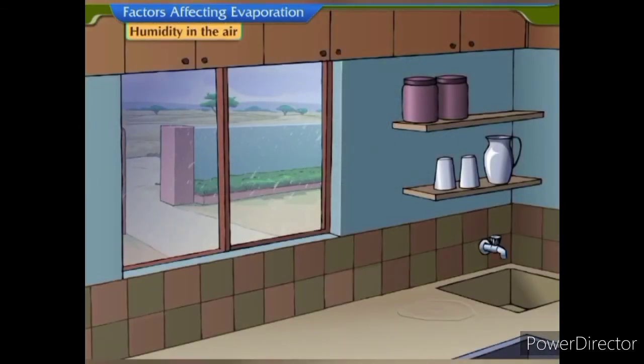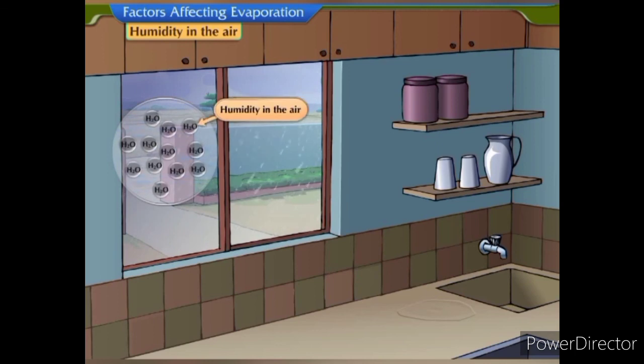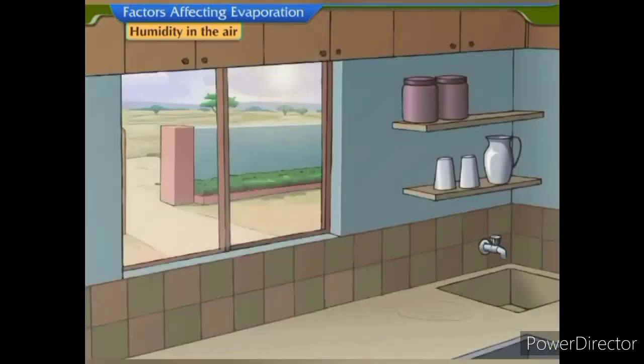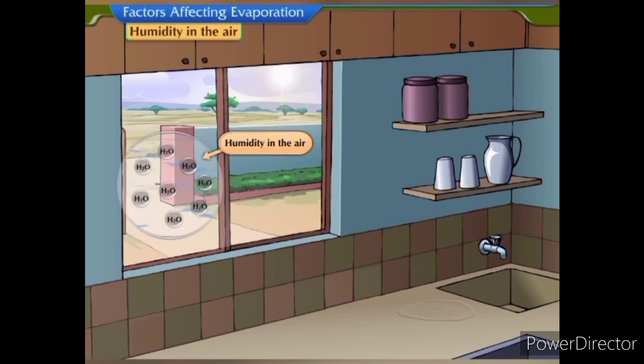Humidity in the air. Humidity is the amount of water vapor in the air. When the humidity in the air is more, the evaporation is slow. And when the humidity in the air is less, the evaporation is fast.